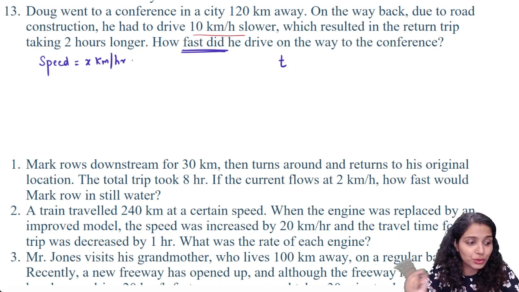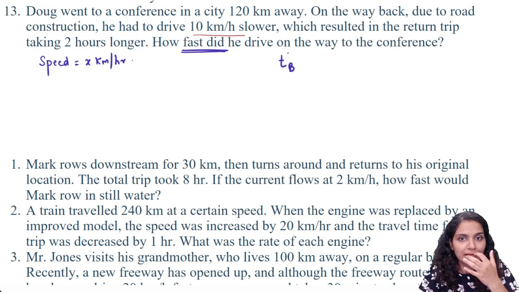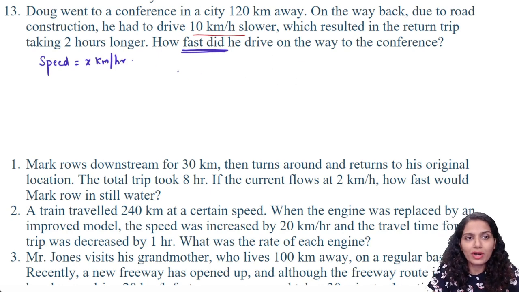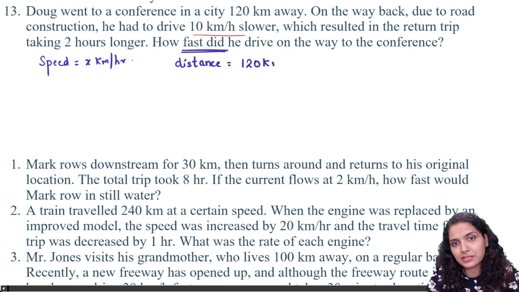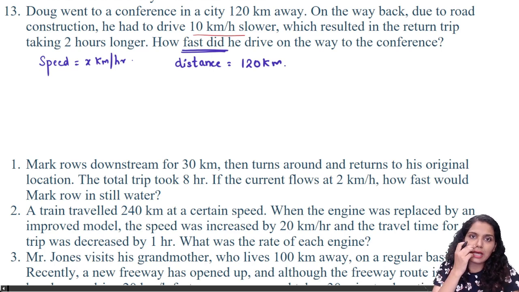On the way to the conference, and on the way returning. So it's like normal going and returning. Now what will be constant over here? The distance will be constant. Correct, 120 kilometers. So we're going to have 2 types of time here.